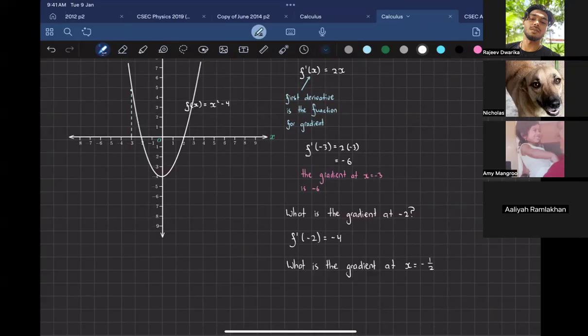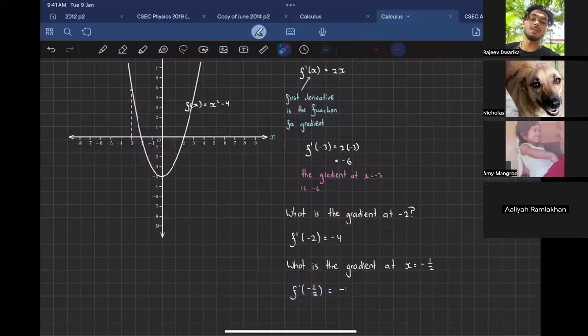So we're going to say f prime of minus a half, and what will we get? You would get minus 1.